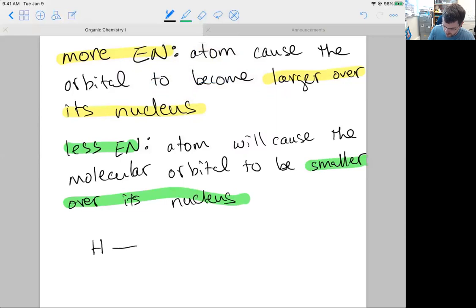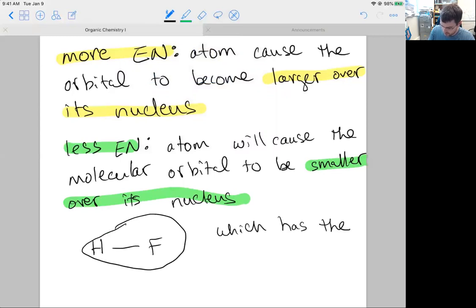We have H and F, which has the greater EN? Or let's say it this way, this is a better way to phrase this.